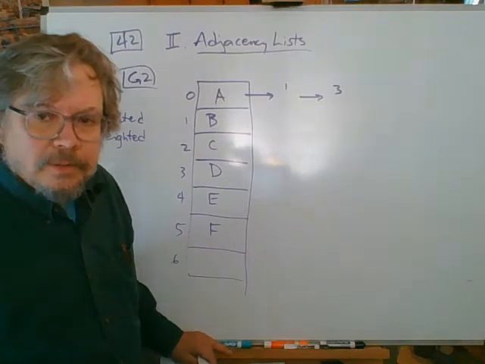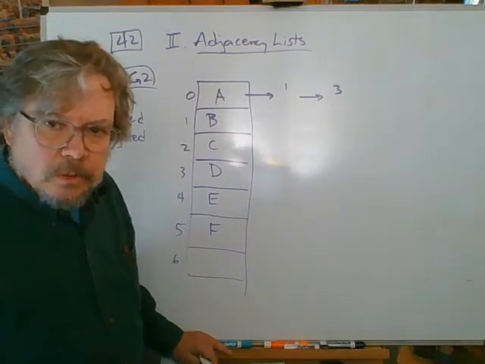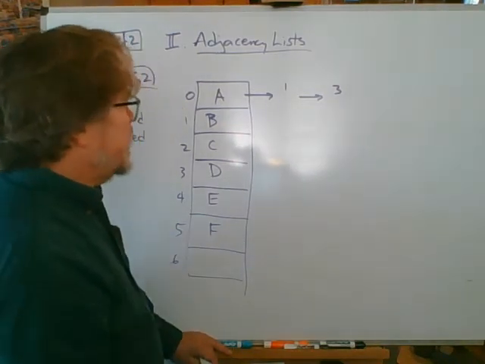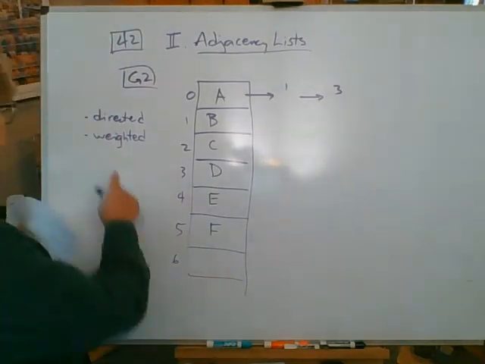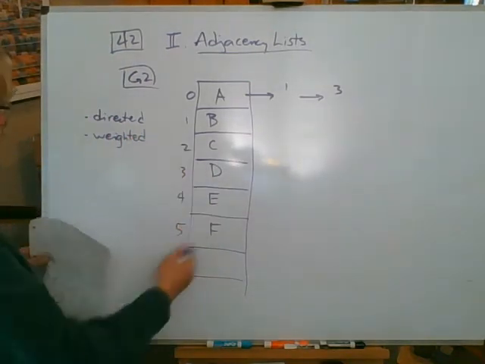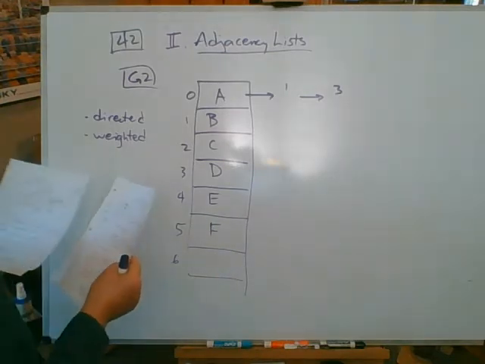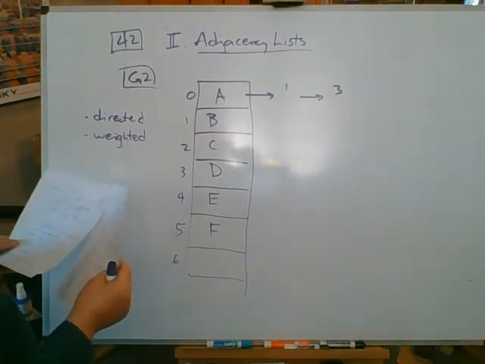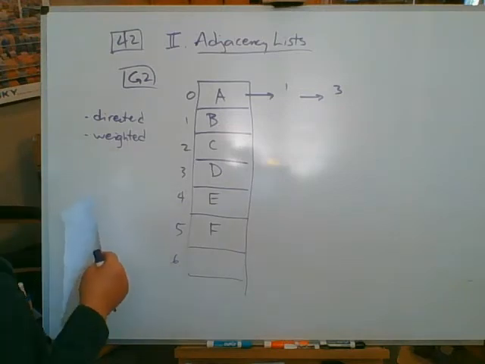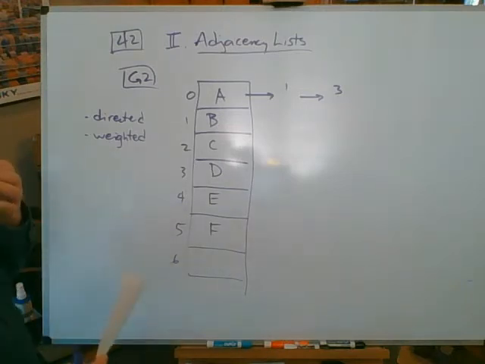Remember, directed graphs are not symmetric as a rule. Here's the kicker, weighted. Somewhere I've got to represent that it takes me 20 minutes to go from A to B, and that it takes 10 minutes to go from A to D.